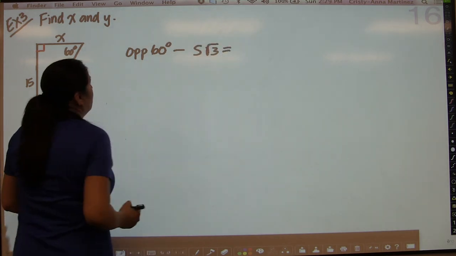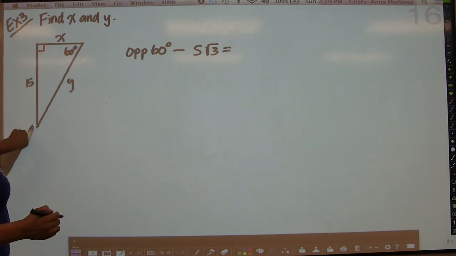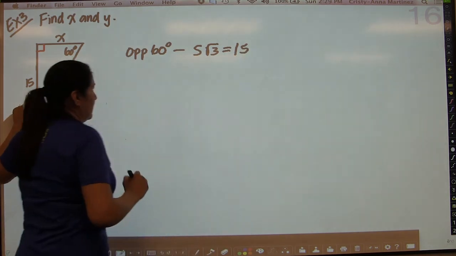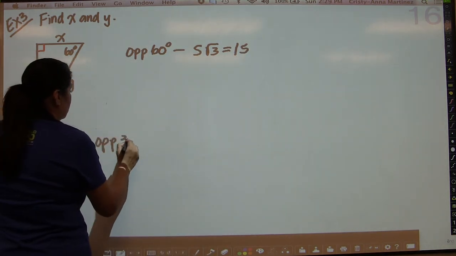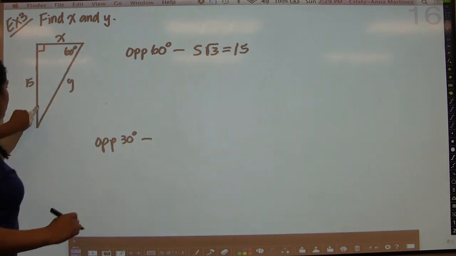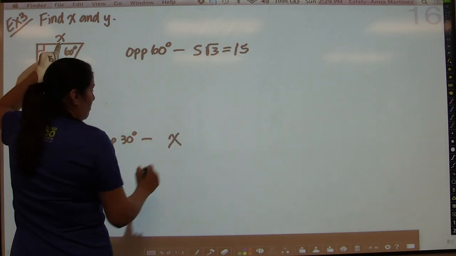But at the same time, we can tell from the diagram that the long leg, s root 3, is supposed to equal 15. So s root 3 equals 15. All right, then we also have that opposite 30, which is the short leg, is right here. So opposite 30 is the side x. So we need to figure out what x is.